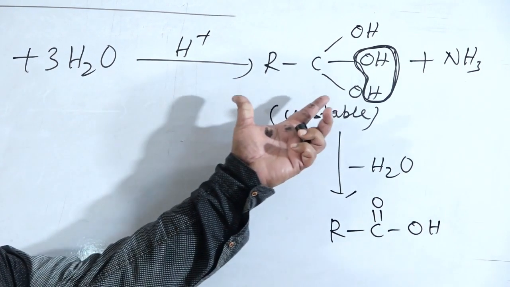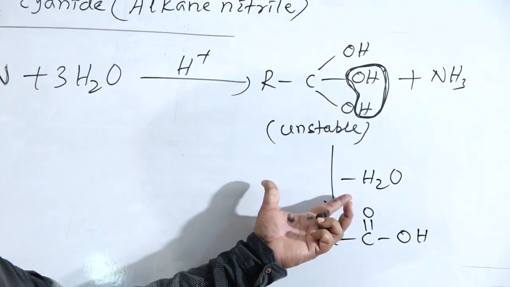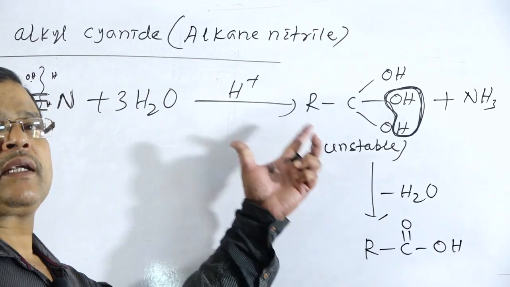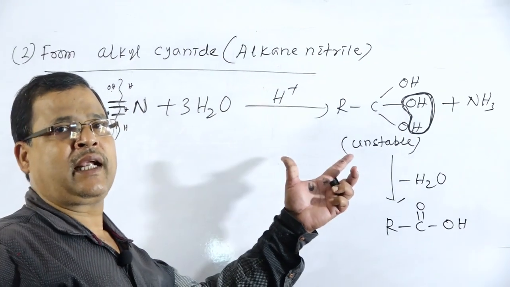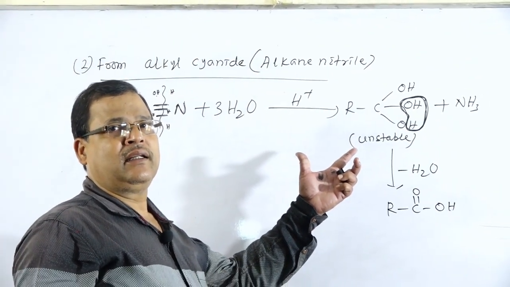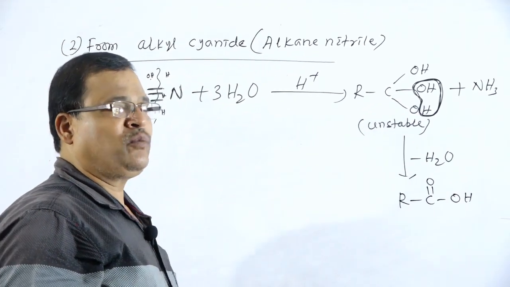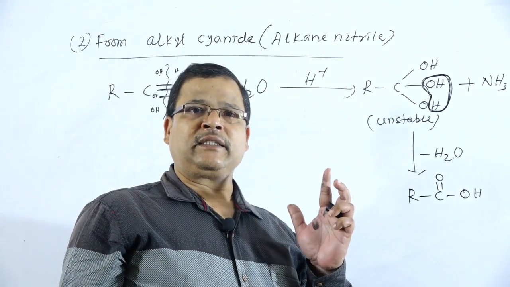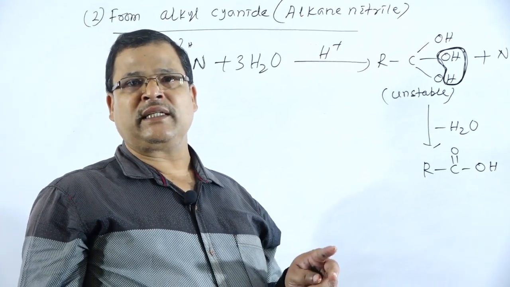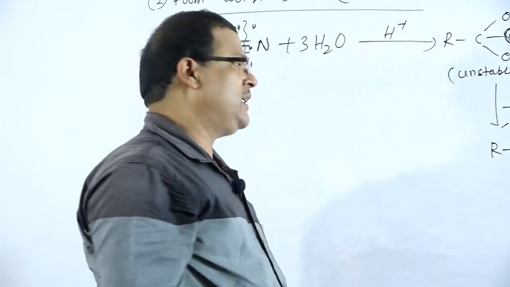So this is regarding the methods of preparation of carboxylic acid from the hydrolysis of alkyl cyanide or alkane nitrile. We can take the examples to prepare formic acid, acetic acid, and also benzoic acid.